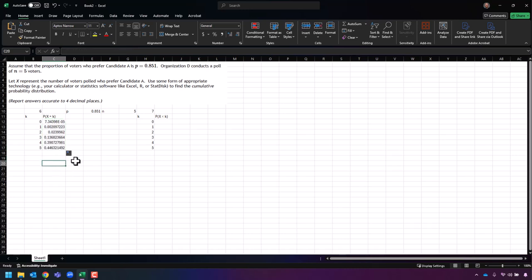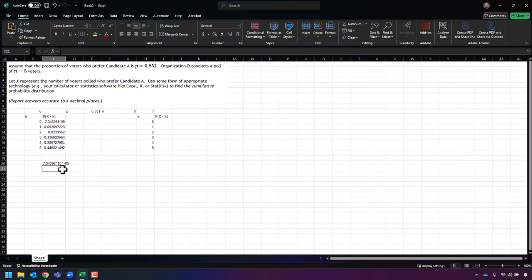Okay, so a couple of things happened here. Some of these values are really, really small. This thing right here, 7.34398e to the negative 5, the science teachers don't like us saying this, but I'm going to say this anyway. It's like scientific notation, well, it's not scientific notation, but essentially it means 7.34398 times 10 raised to the negative 5th power.